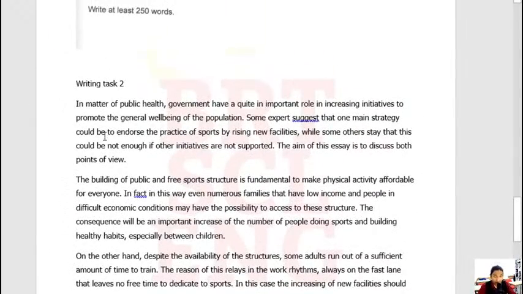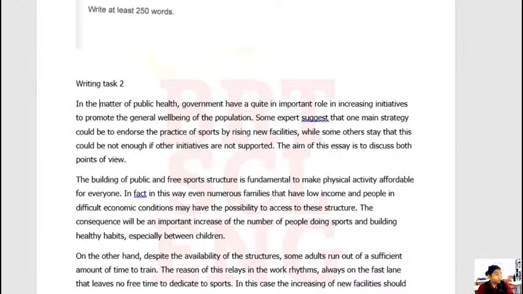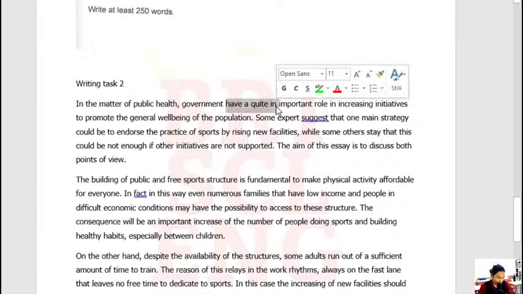Okay, this is the first paragraph, so we need to see if it's a good introduction. In the matter of public health, government have a quite... I don't know what she means here.